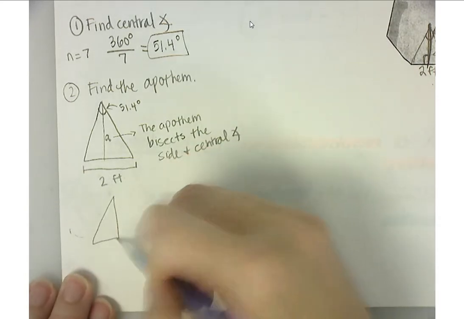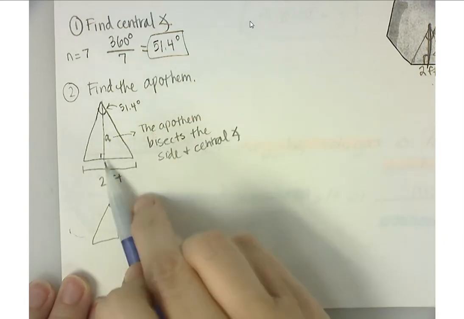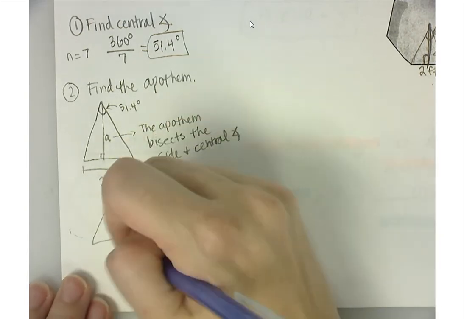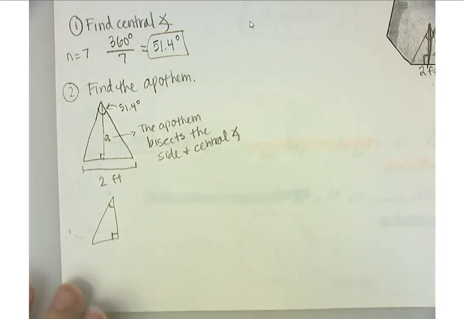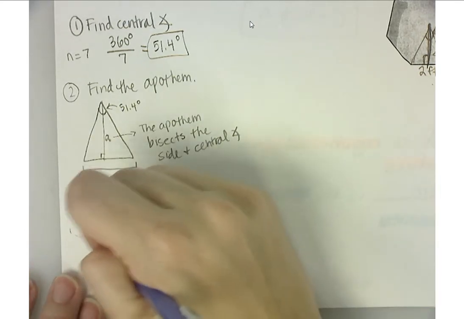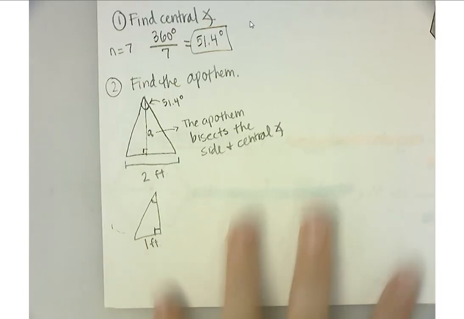If I'm just looking at half of it, the apothem is going to form a 90-degree angle here. What is half of my 2 feet? 1. Sometimes it might be a decimal, and that's okay too. That one just happened to turn out nice.